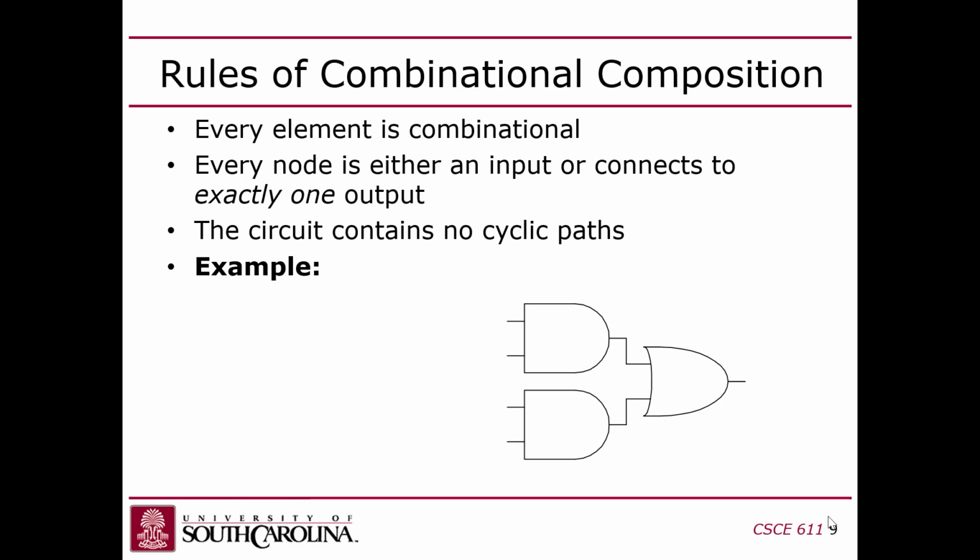So you're either an input pin or you're a gate, and if you're a gate, you can only have one output, as I mentioned earlier. And the circuit contains no cycles, because when you put cycles in, you potentially create a sequential circuit, or something that's not stable, like an oscillator. But in combinational logic, there are no cycles.